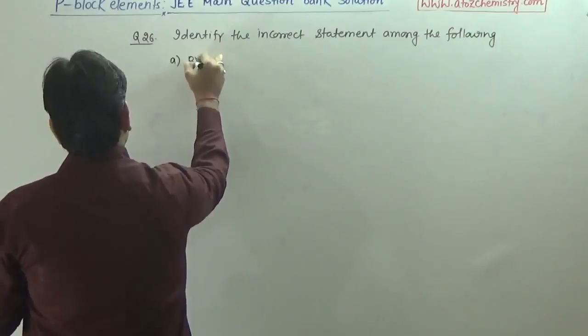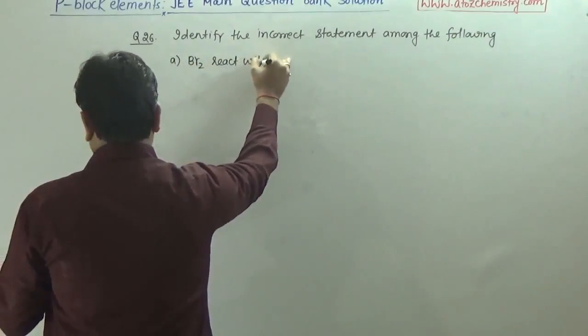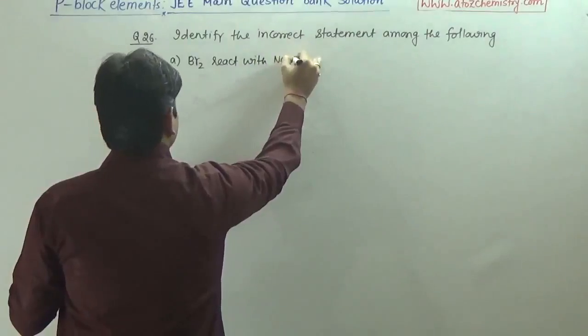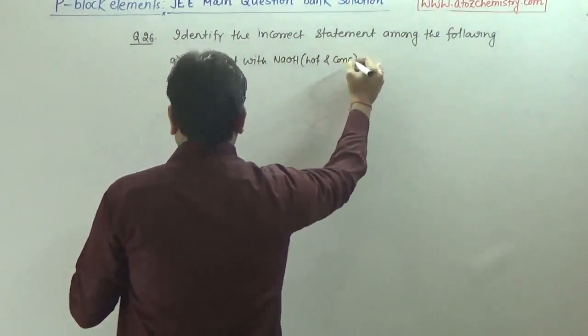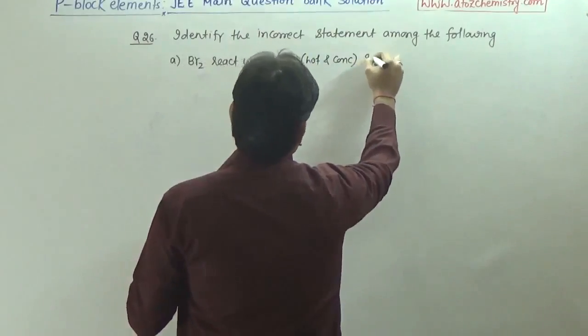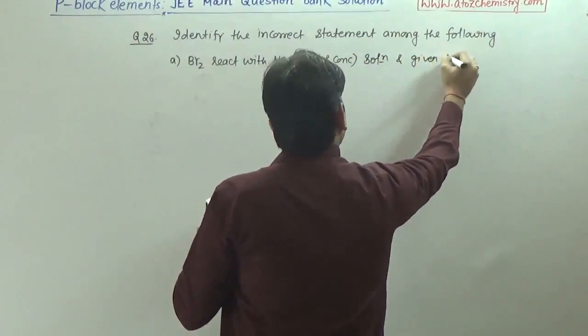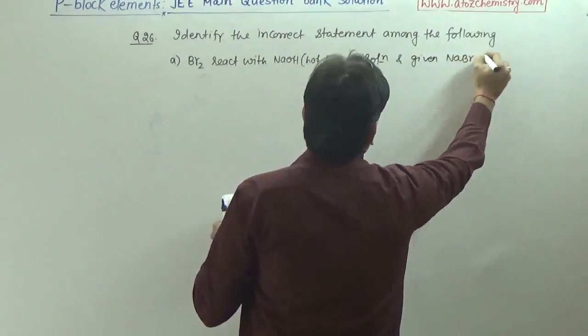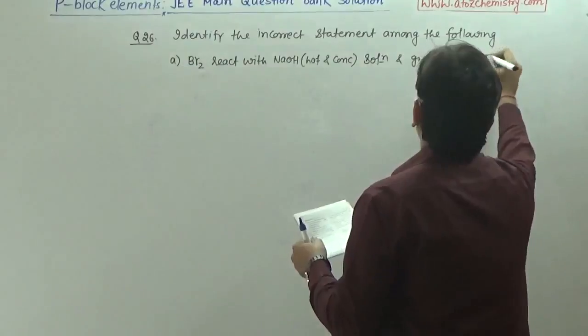A option is Br2 reacts with hot and concentrated NaOH solution and gives NaBr plus H2O. This is NaBr and H2O.